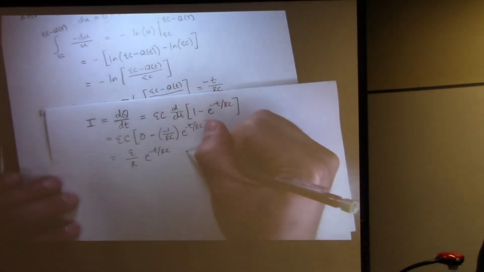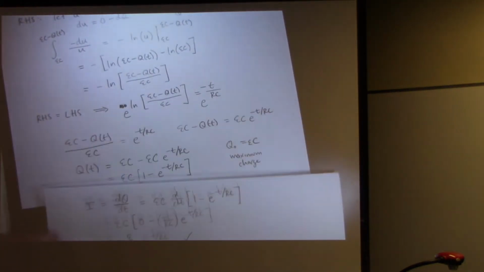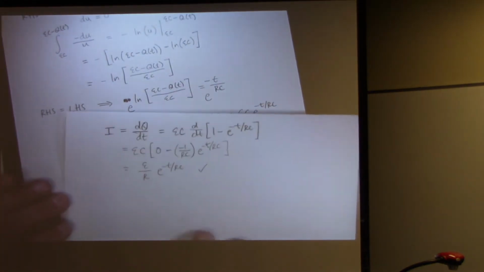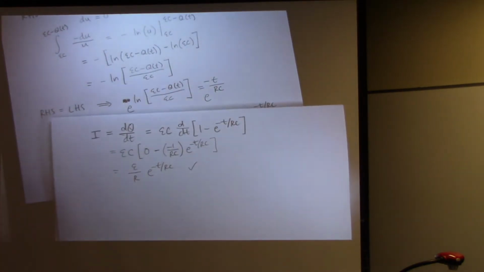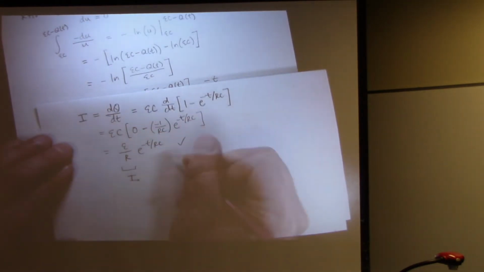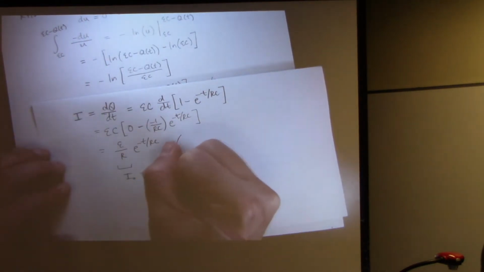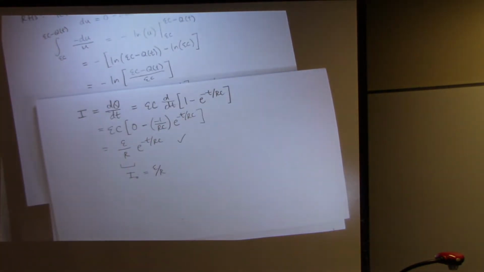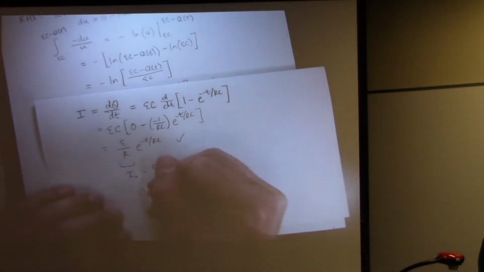So this is the current as a function of time, whereas this is the charge as a function of time for a charging RC circuit. And this right here, we can call I naught, epsilon divided by R. This is the maximum current that we get.